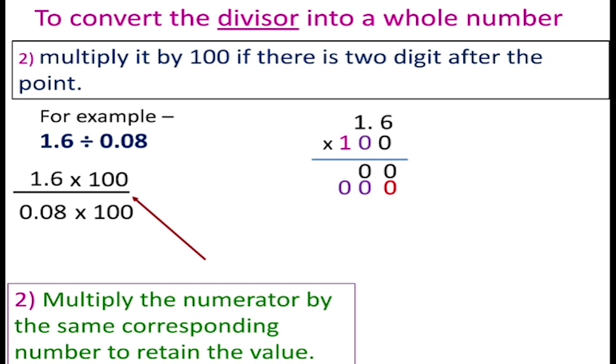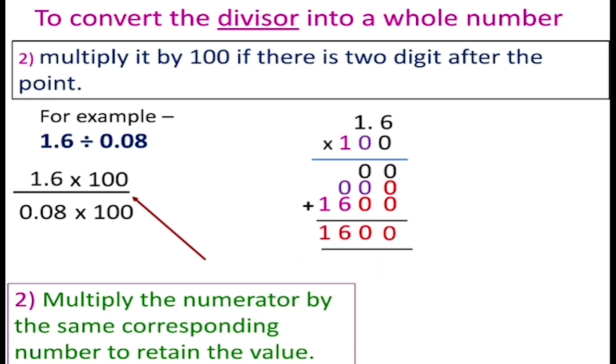Put the next 0. So now you have to put 2 zeros. Then this 1 will be multiplied by 1.6. So when 1 is multiplied by 6, you get 6 here. When 1 is multiplied by 1, you get 1 here. Now add all these numbers. You will get 1600 here.